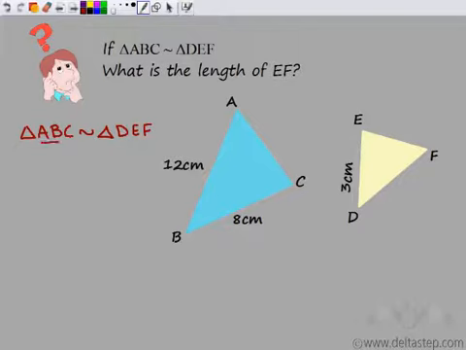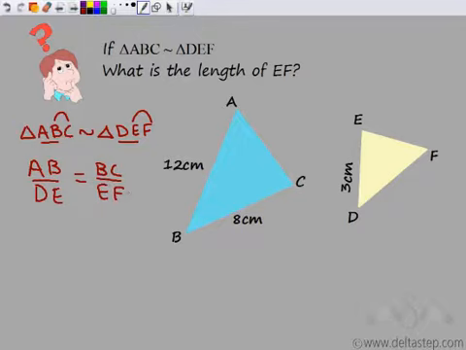So AB is what we know. So let's write AB by DE. This would be equal to, now the next side which I know is BC. BC proportional to BC is EF. So I can write this.